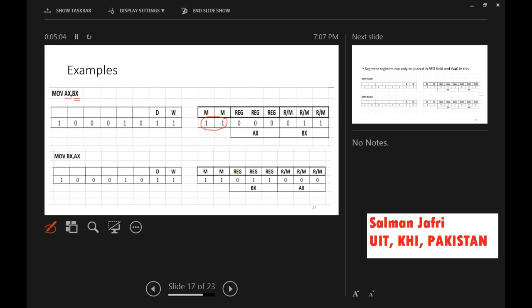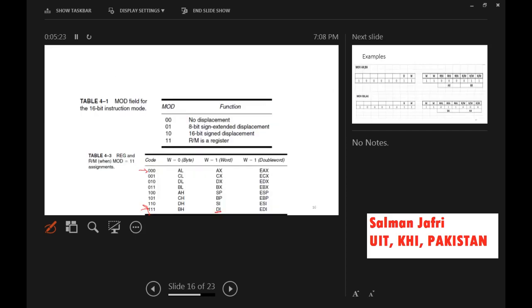Now when register addressing mode is there, both the operands are registers, isn't it? So one register would be specified in the REG field and the other register would be specified in the R/M field. And we can also verify it by seeing that mode 11 implies that R/M is a register.